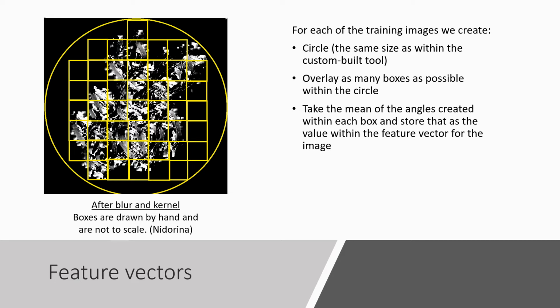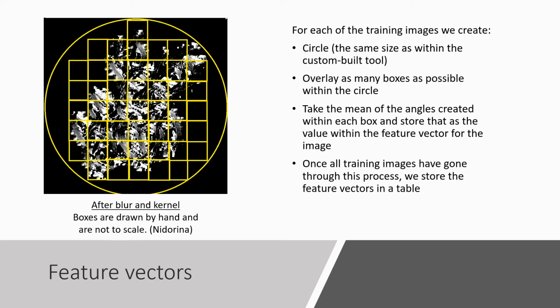I also store the folder name, which is a classifier label, into an additional cell within the vector. Doing this will make checking whether our answer is correct or not much easier later on. Once all training images have been converted to a feature vector, we combine them all to form one big feature vector table.